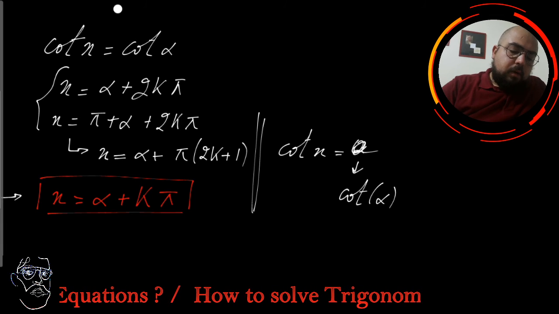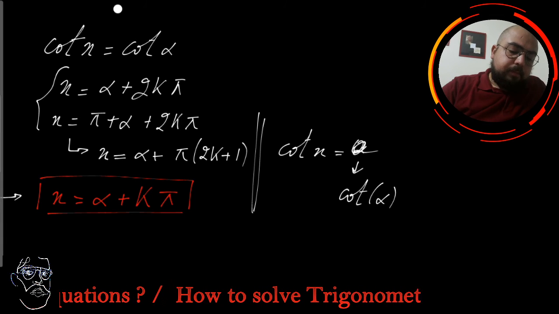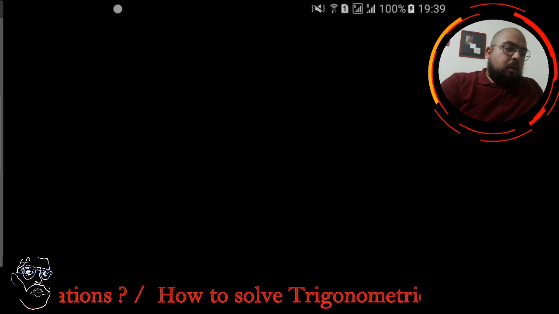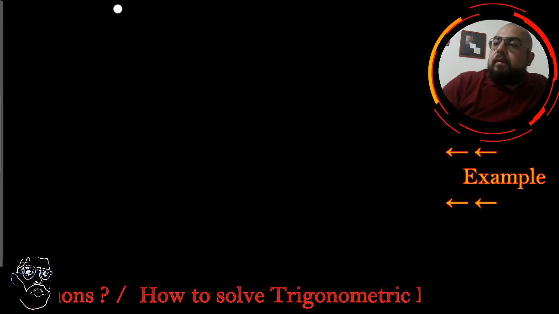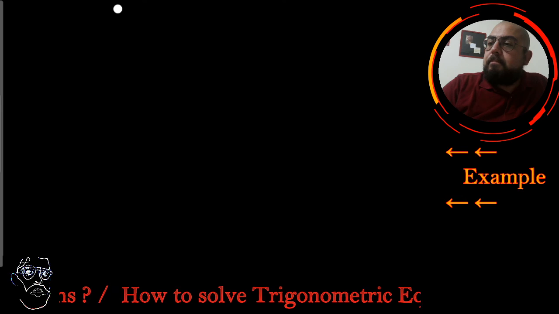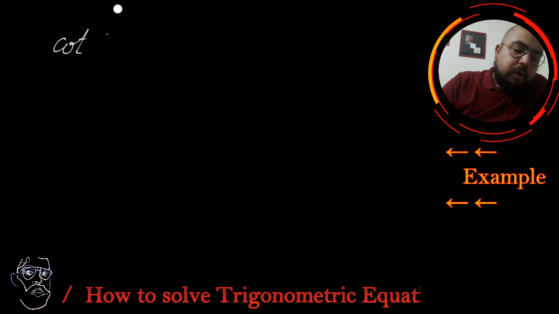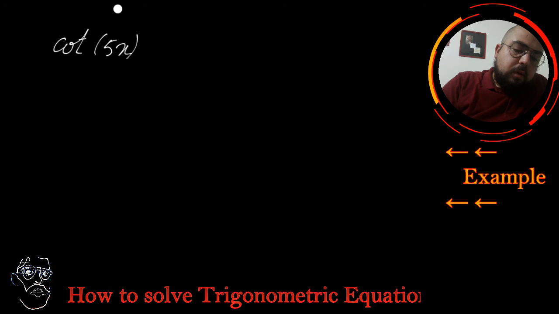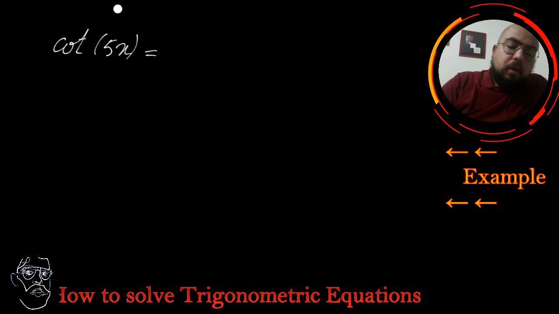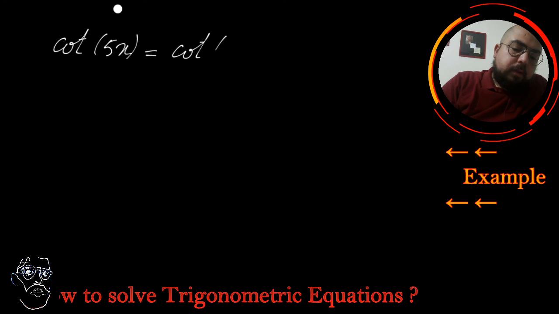So let's take one final example. We have cotangent 5x is equal to cotangent x.